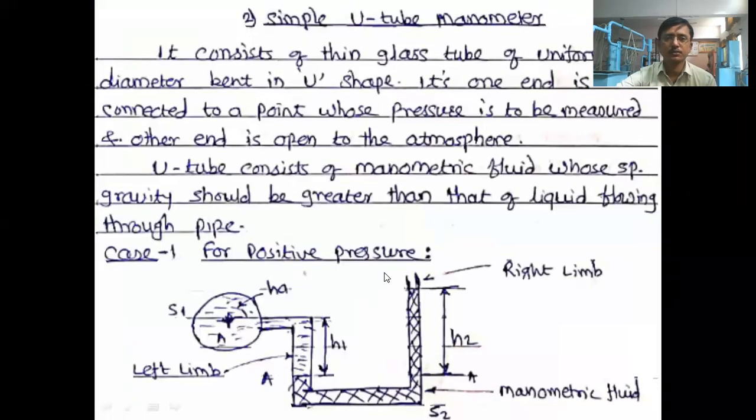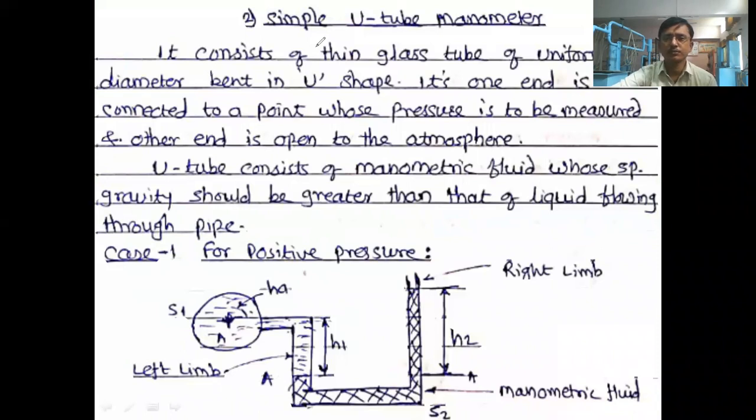Then we started the simple tube manometer and saw its construction. Now we will see the derivation part, how to find the pressure intensity with the help of this simple tube manometer for positive pressure as well as negative pressure.